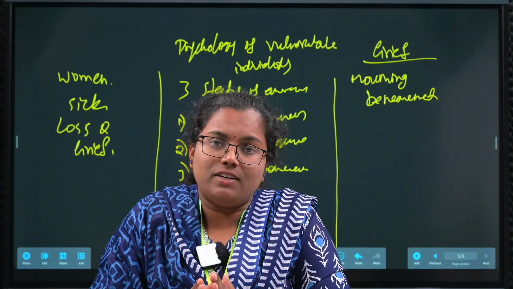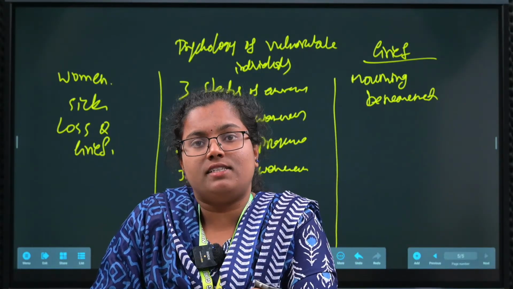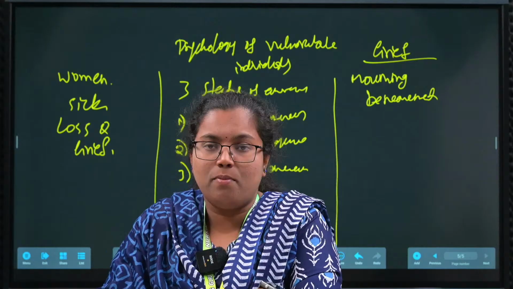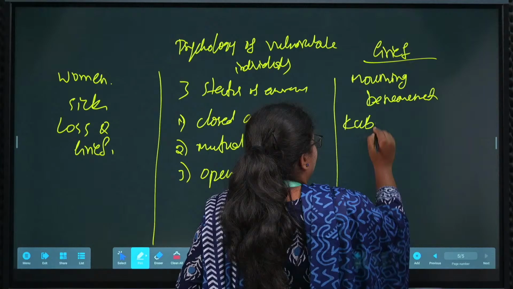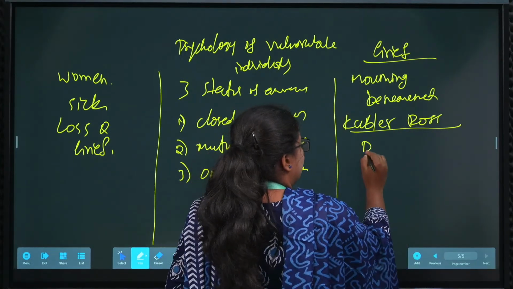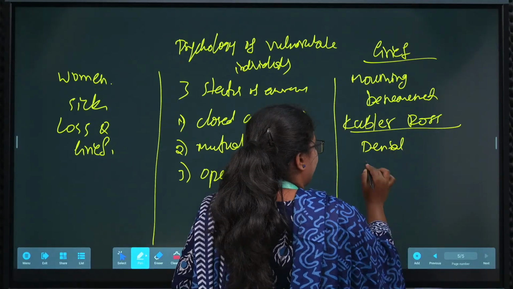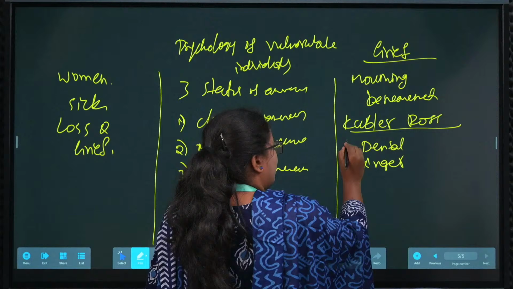Grief has 5 stages, given by Kubler-Ross. The 5 stages of grief are denial, anger, bargaining, depression, and acceptance. You can keep it as a mnemonic, DABDA.